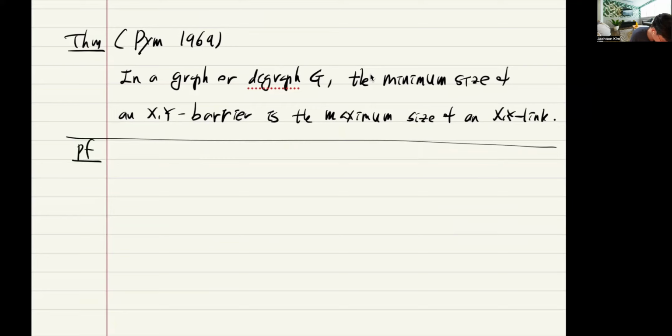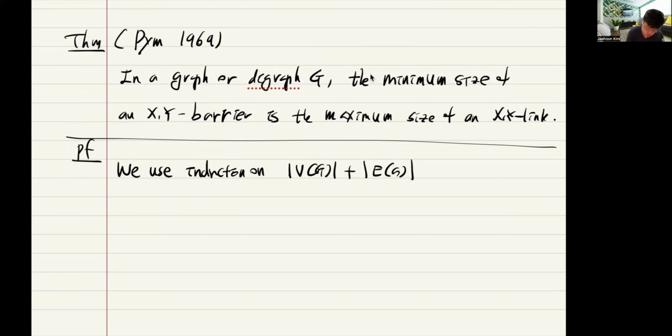So let's prove this. We use induction on the following parameter: the number of vertices in G plus the number of edges in G. What's the base case? If this parameter is 1, that means G has at most one vertex.